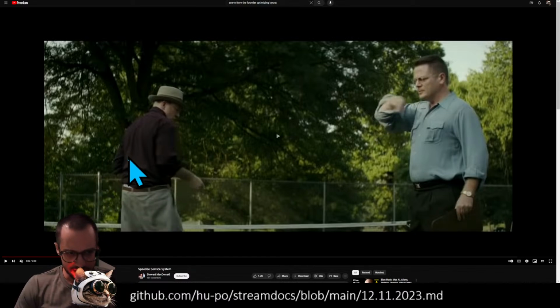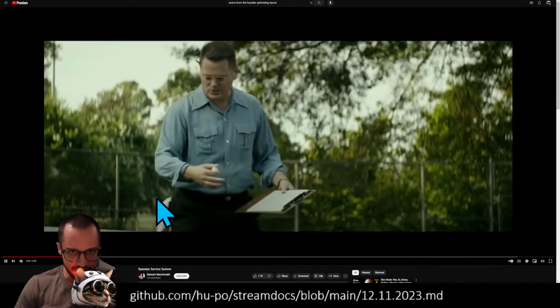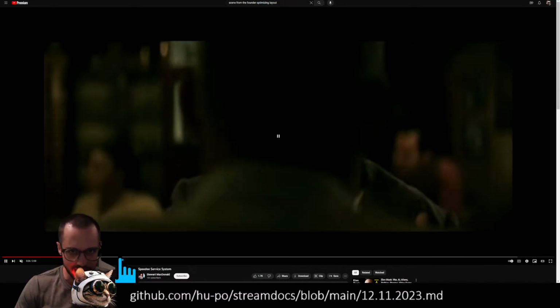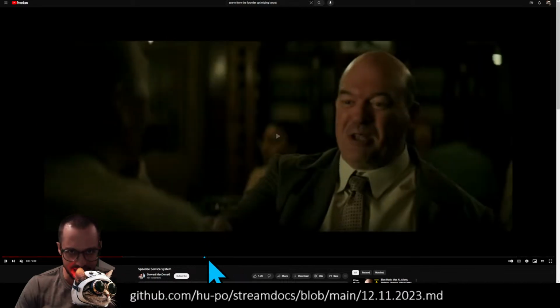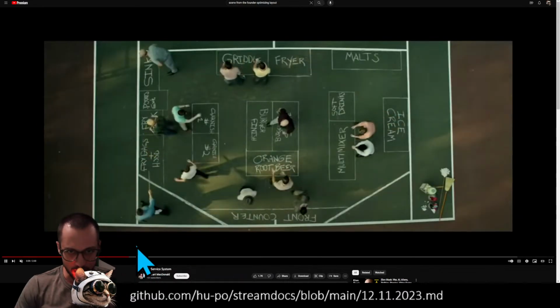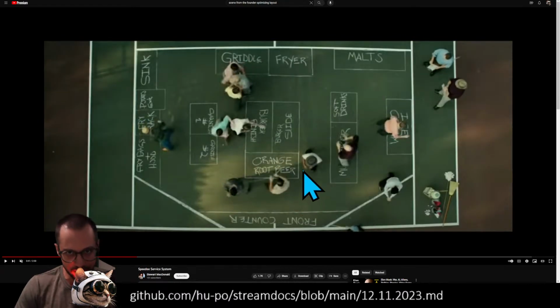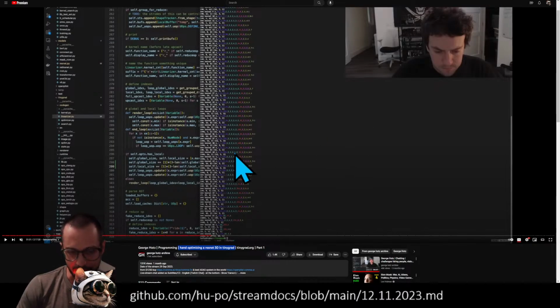There's this scene where they draw the layout of the kitchen, and they have people going and sitting here, and then they figure it all out and they're like, oh wow, look at that. If we put the fry cook next to the thing and then next to the front counter, then it's way less efficient than if we put the griddle next to the fryer next to the fridge. So this is that, but for programming.